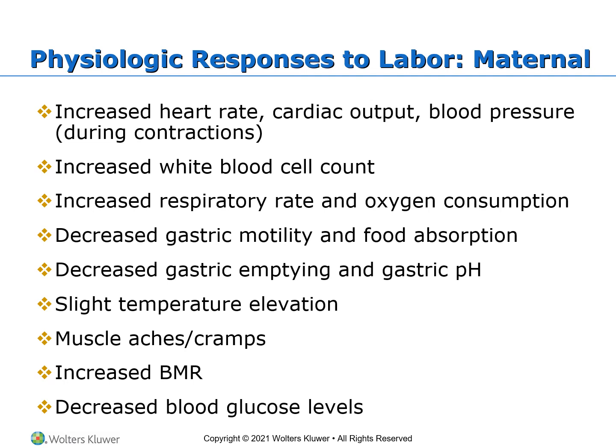Also, her respiratory rate will increase, and her oxygen consumption will increase. She needs more oxygen. There may be a slight temperature elevation because of the increase in her basal metabolic rate, muscle aches and cramps, and increased white blood cell count. It usually increases to 25 to 30,000.